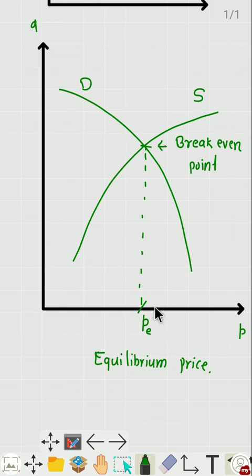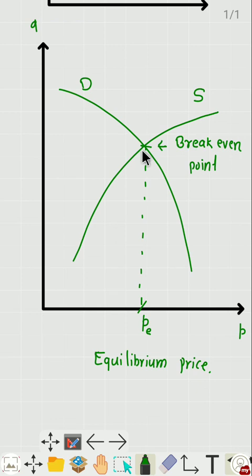At this point, the amount of goods supplied is equal to the amount of goods demanded, which means the suppliers are selling all the goods they have produced, and the consumers are buying all the goods they have demanded.